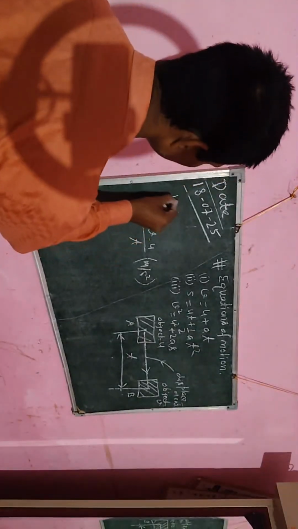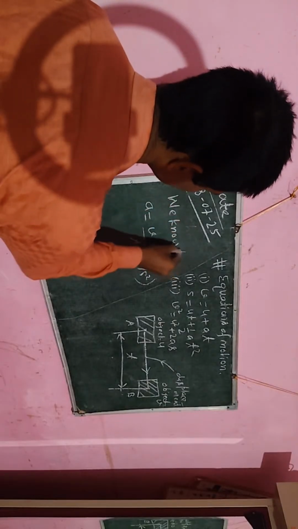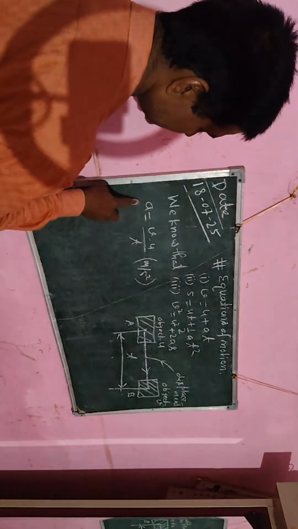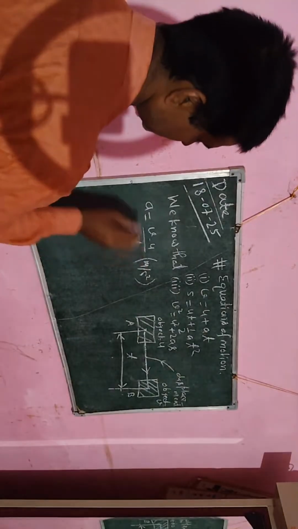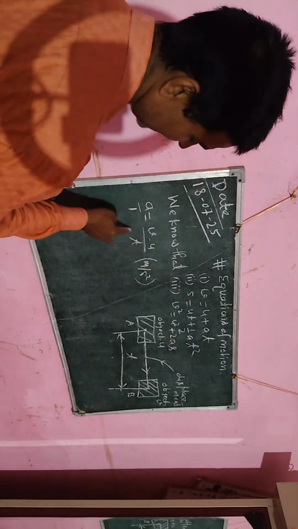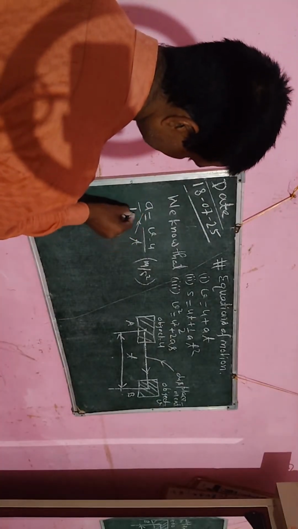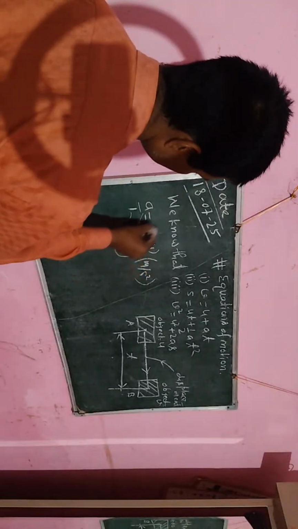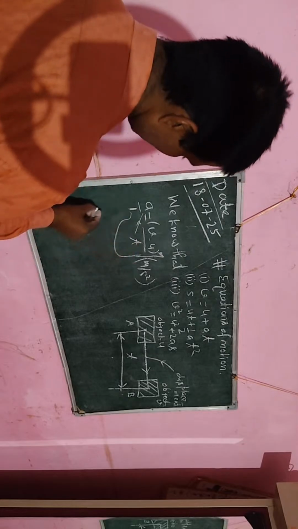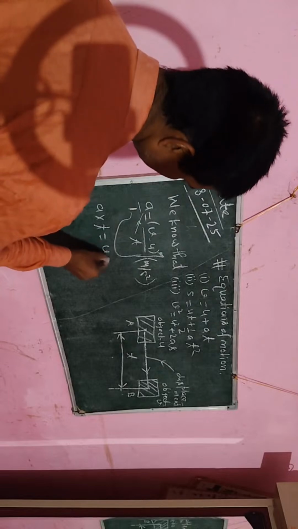So here I will write, we know that acceleration a is equal to v minus u divided by t. Now here I will write a divided by 1, and do cross multiplication. So this is multiplied with this, and this one multiplied with this value, and after multiplying I will get a into t, which is equal to v minus u.